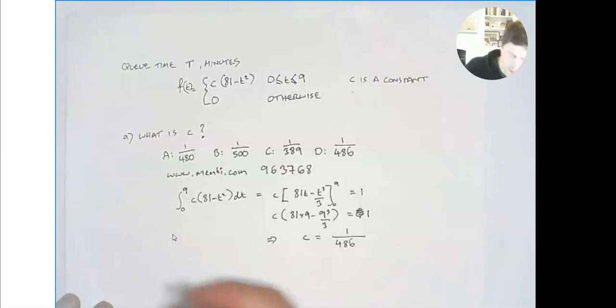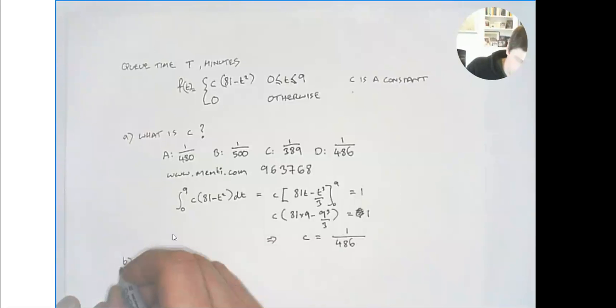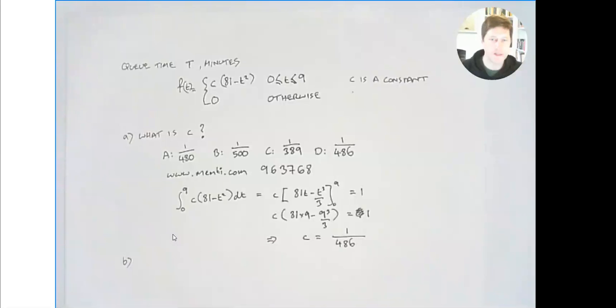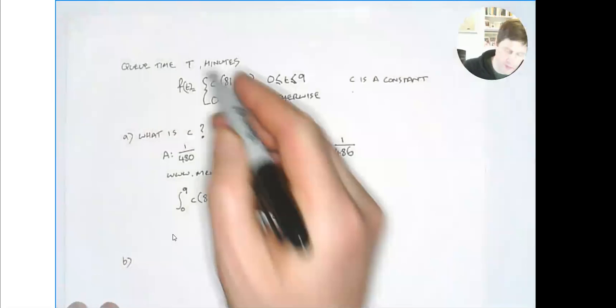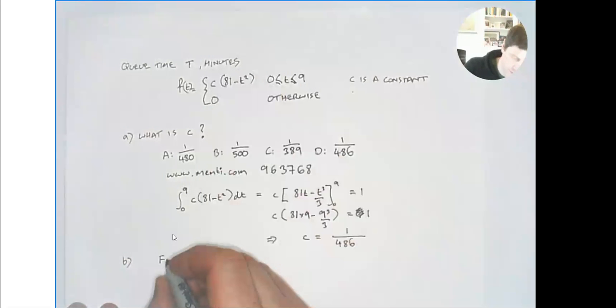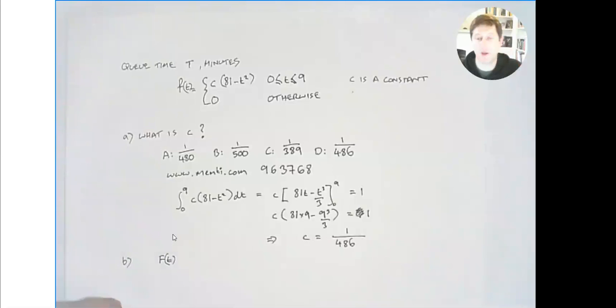Okay, so the next part is what's the cumulative density function? So what's the cumulative probability function of this? So we know what f(t) is. What is the cumulative probability function for this problem? So have a go working that out. I'll give you some options again.